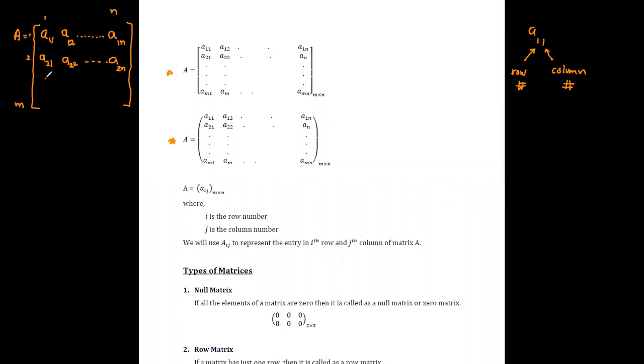If you move down up to the mth row, we have the element in the mth row, first column, then the mth row, second column. Likewise, we reach Amn, the mth row, nth column, and we say the order is m by n matrix.